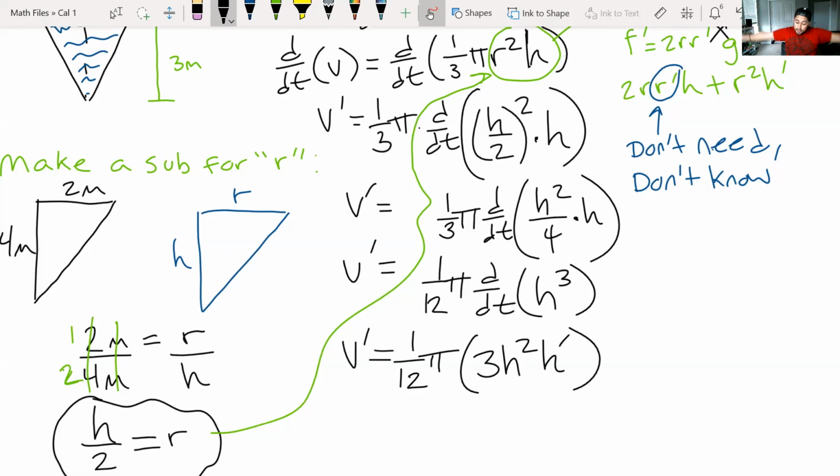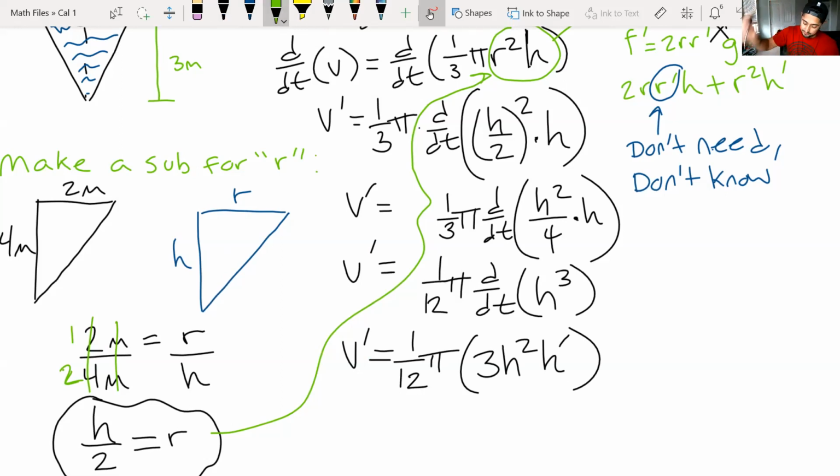And now we get what we want. We were looking for h prime in the very beginning. That's what we had set up for, but we had to do some substitutions because we were getting stuff that we didn't need, such as that r prime. So now we are at the stage where we can solve for h prime. Let's rearrange this whole thing for h prime.